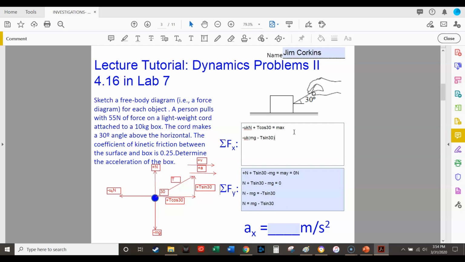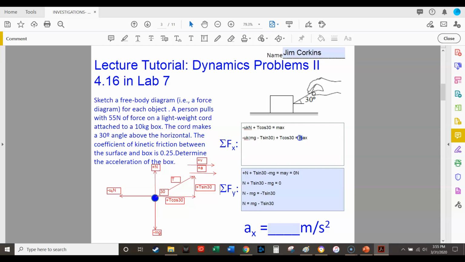So that is our normal force. And then I'm going to add in t cosine of 30 degrees. And that's equal to the mass times the acceleration in the x direction. Okay. And now we have mass times acceleration in the x direction.